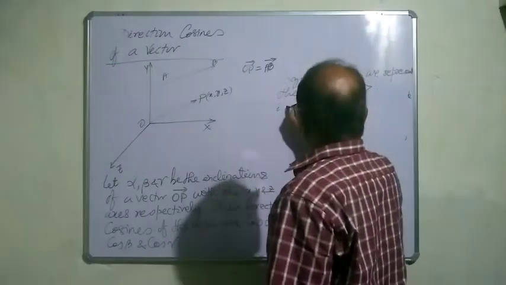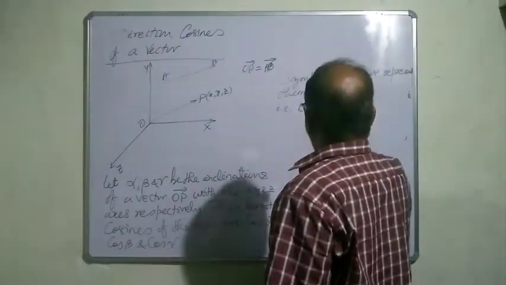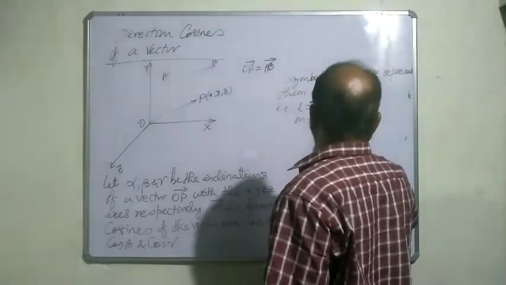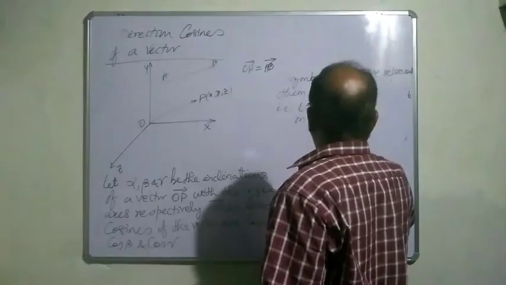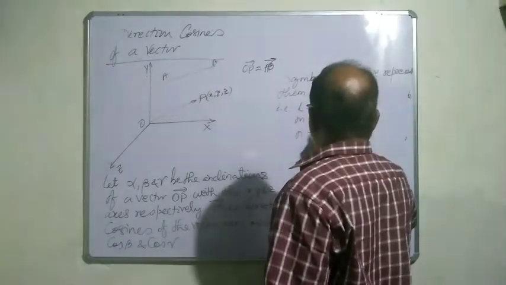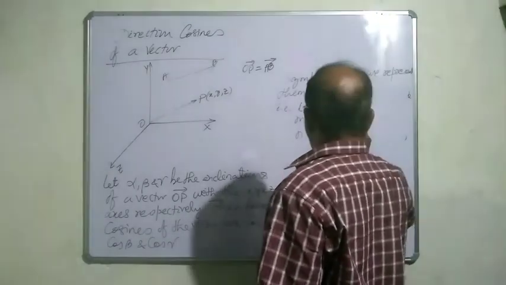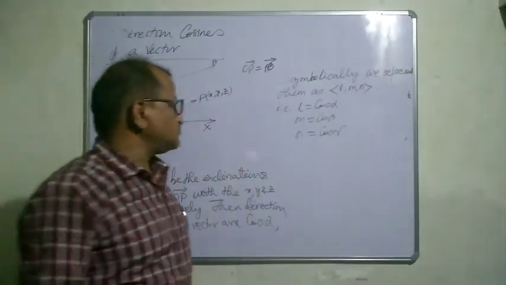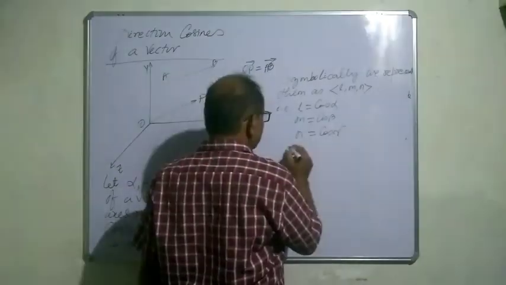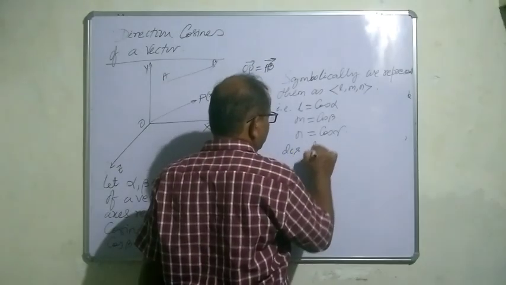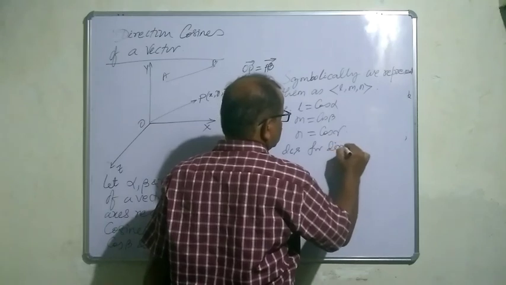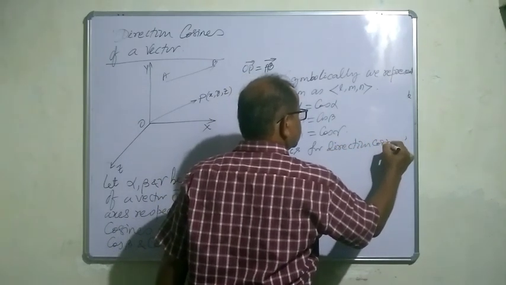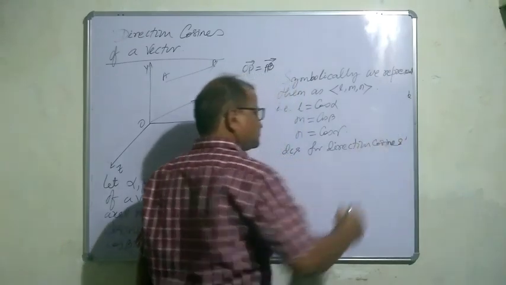That is, l stands for cos alpha, m for cos beta, and n for cos gamma. Right? In short we write DCs for direction cosines. Okay.